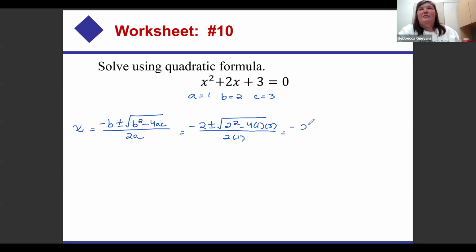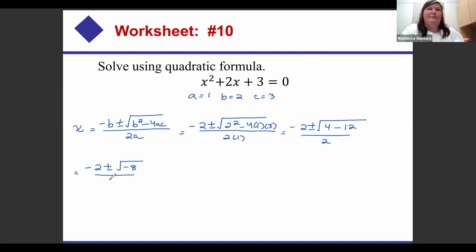So we have negative 2 plus or minus the square root of 4 minus, I think we said 12, yep, over 2. Negative 2 plus or minus the square root of negative 8. So just as a reminder, negative 8 can't be simplified here. So we're going to first turn it into the complex number.